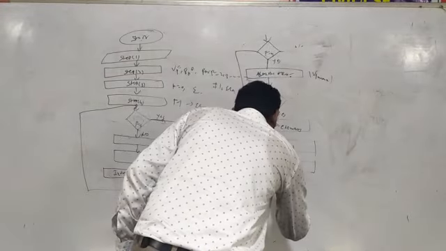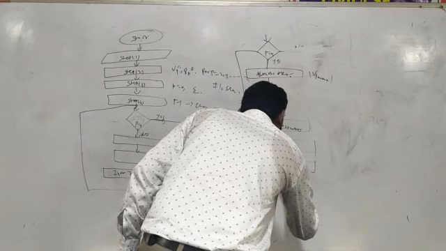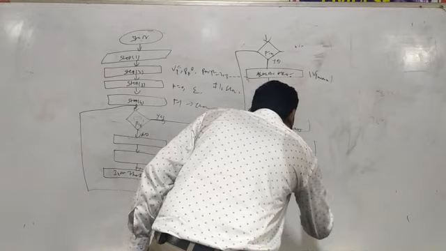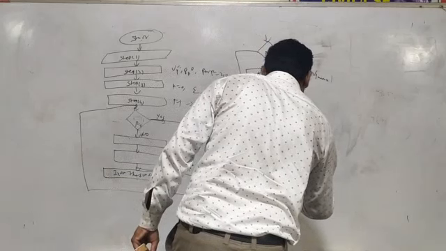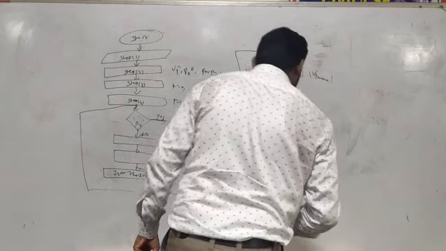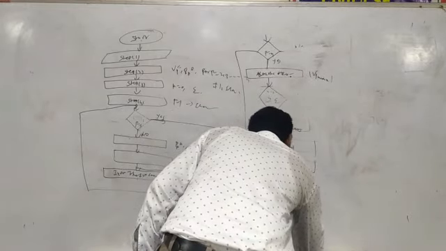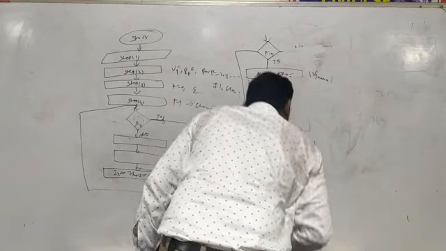And next one is we have to find out the new bus voltages and phase angles, that is delta p power k plus 1 and Vp power k plus 1. After that comes the next step, that is increment the iteration count, that is k is equal to k plus 1.